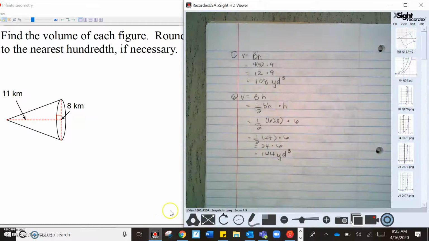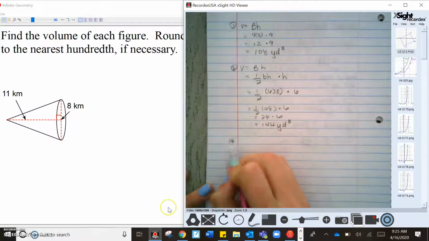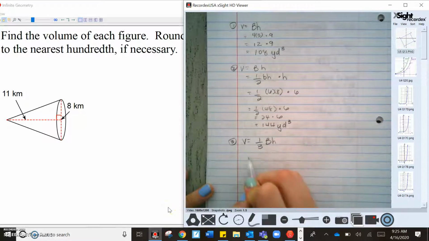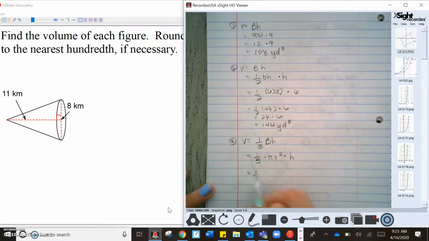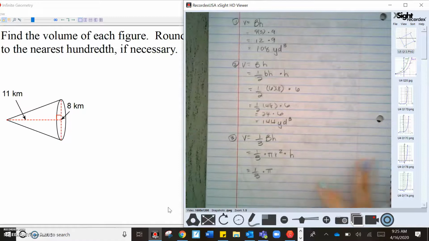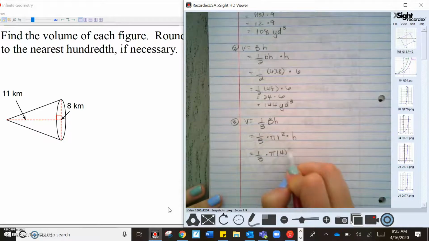All right, this is a cone. So when we have cones, our volume is 1/3 area of the base times the height, 1/3 times pi r squared times the height. So my radius, I don't have one. They gave me the diameter, but we can quickly find the radius. Remember, your radius is 1/2 of your diameter, so this is going to be 4.